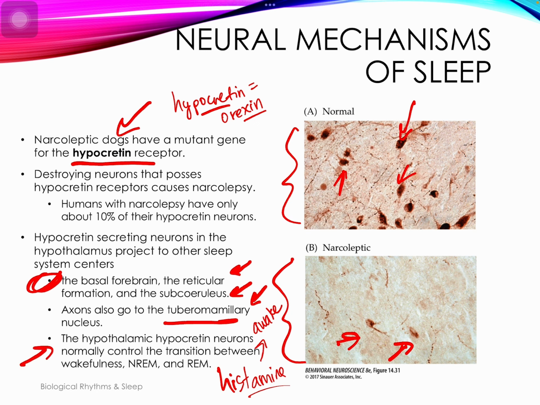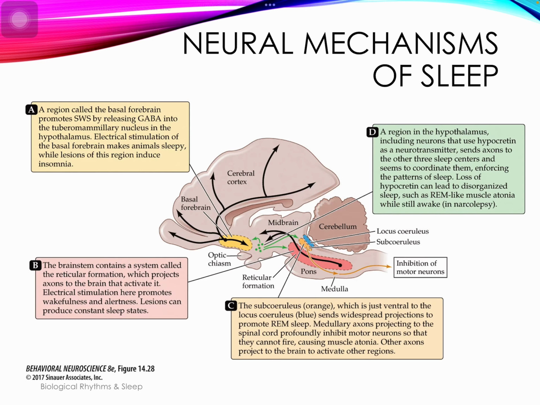Those hypothalamic hypocretin neurons control the transition between sleep and wake, so wakefulness, non-REM, and REM sleep. So if you lose these neurons, then you are essentially losing the ability to control that transition from wake to sleep, and you immediately see that person go directly into REM.